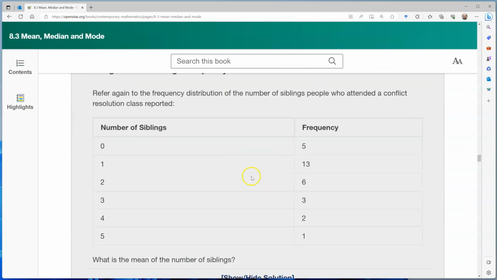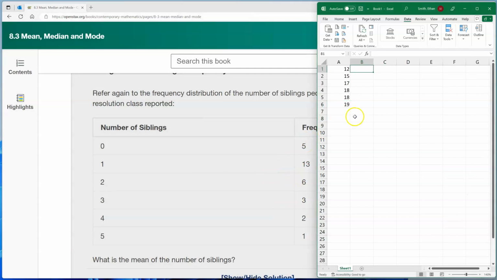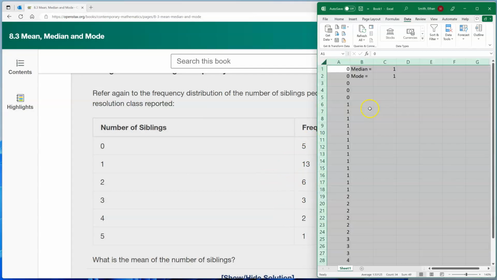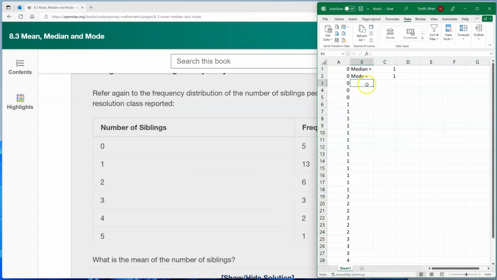And then how do we do that with a frequency distribution? Well, by hand we can do it, or once again, we can just read out all of those. So if I undo my deletion, this is once again the frequency distribution for the siblings.